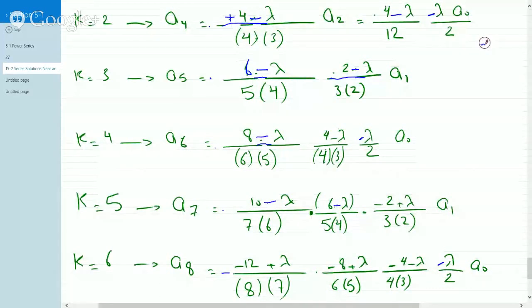And this is 2 minus lambda, a1, okay, good.